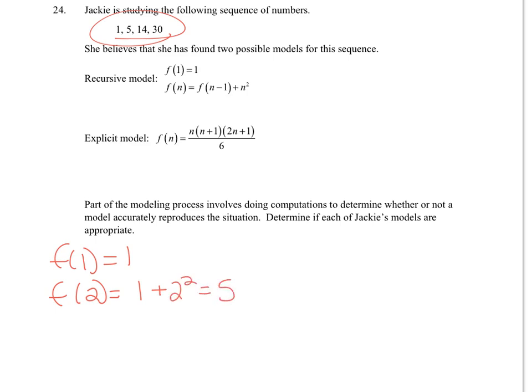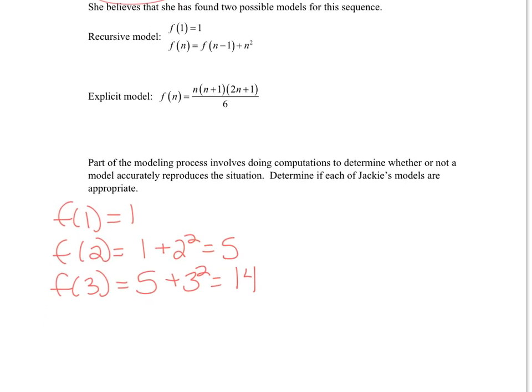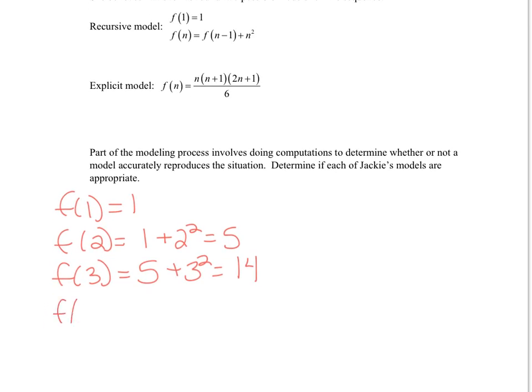And let's see, that's 5. That works. F of 3 is the term before plus 3 squared. That works. And then the fourth term is the term before plus 4 squared. And that works. So her recursive model is correct.